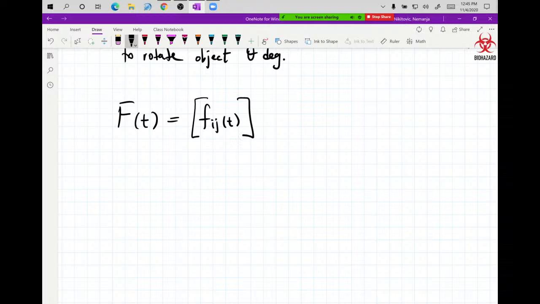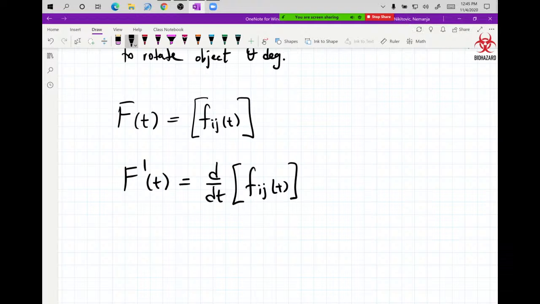So that's our way to say you have whatever matrix you have, and you can come up with the F prime of t when you simply differentiate every entry, which is differentiating every function inside the matrix independently.